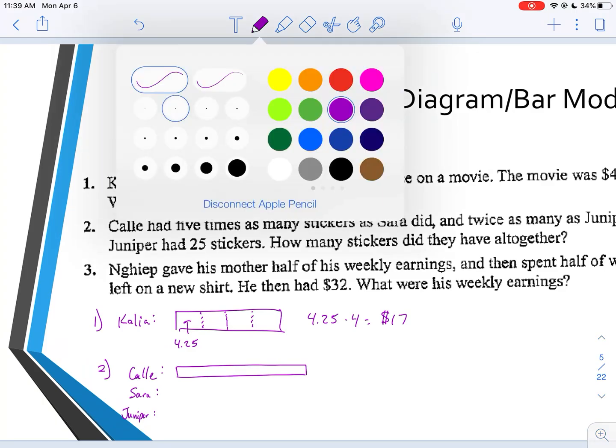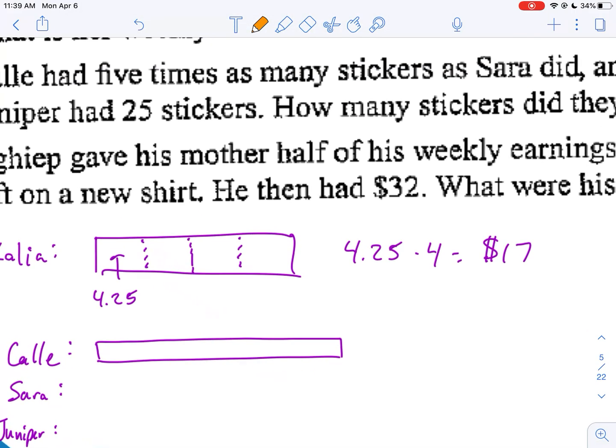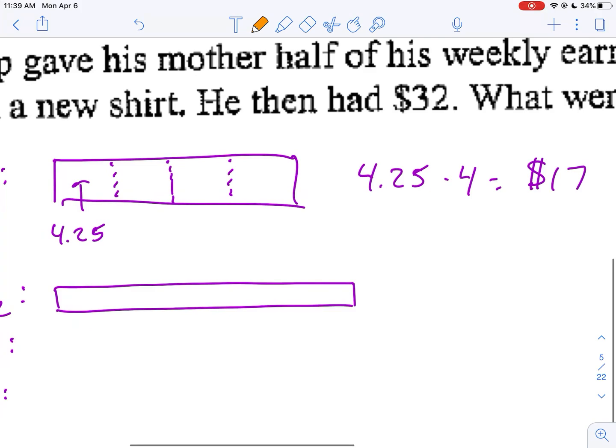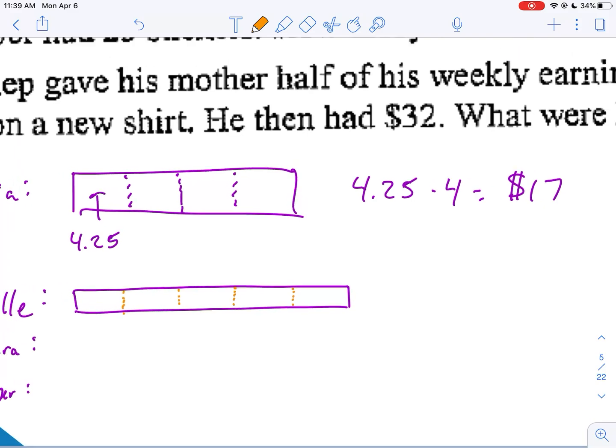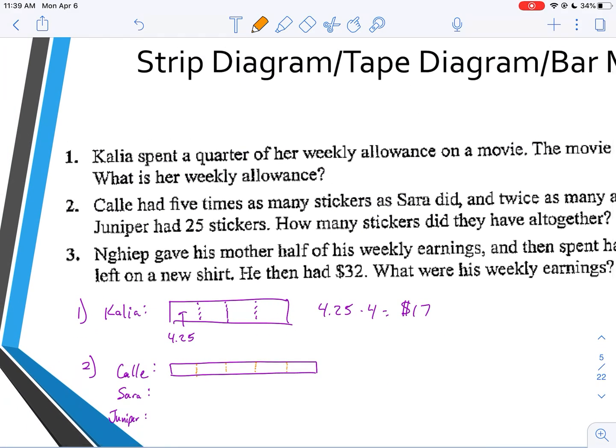Because Callie had 5 times as many stickers as Sarah did, I'm going to split that bar into fifths. To do fifths, I like to take a chunk out of the middle and then split either side into half. So now I have 5 mostly equal parts.